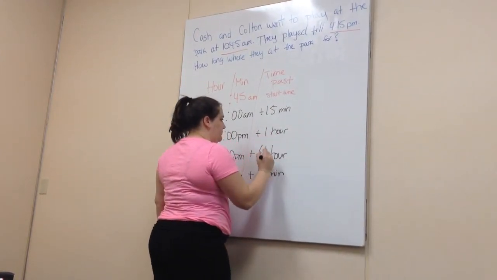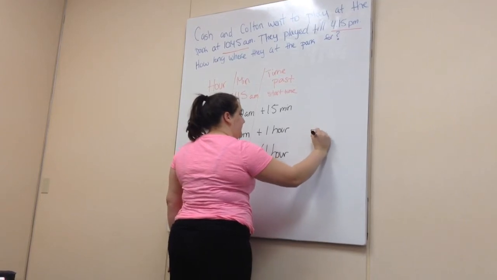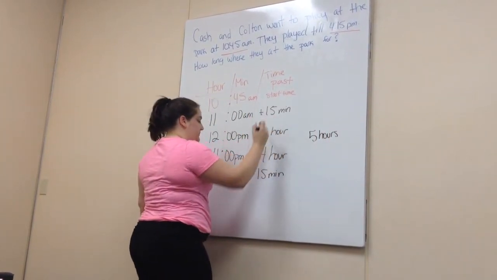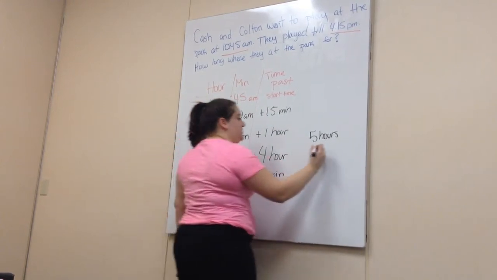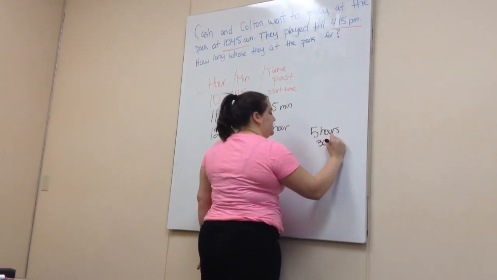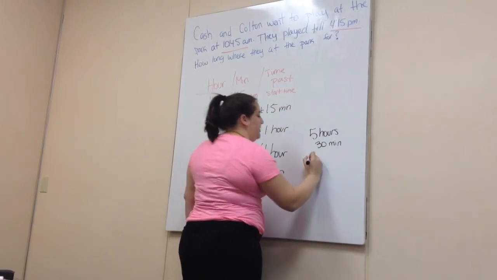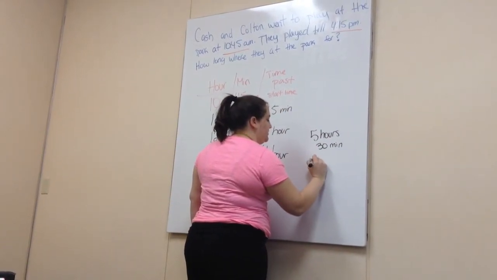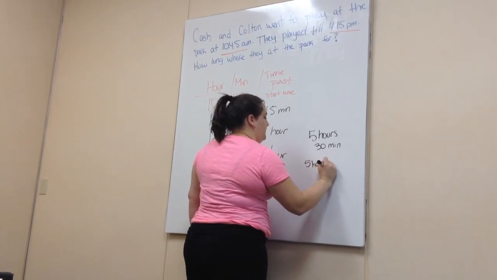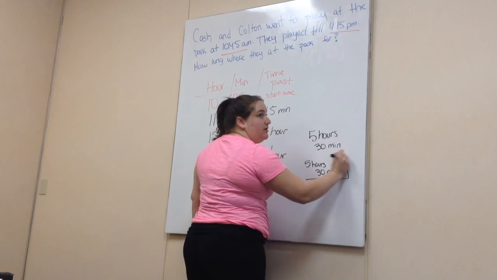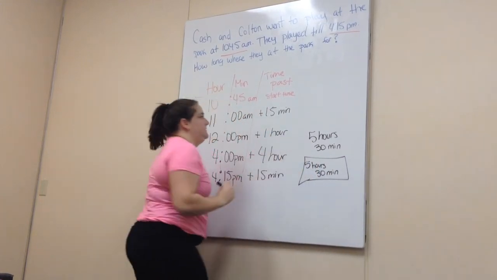We have 4 hours and 1 hour, so that makes 5 hours. And then we have 15 minutes and 15 minutes, which is 30 minutes. So the total time that they were at the park is going to be 5 hours and 30 minutes. And that's how you use the make 60 approach.